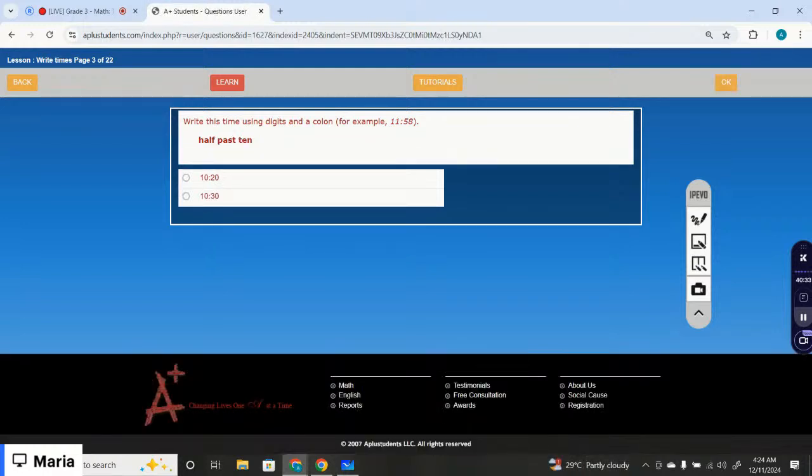Write this time using digits and a colon. 10:30, which is the correct option?